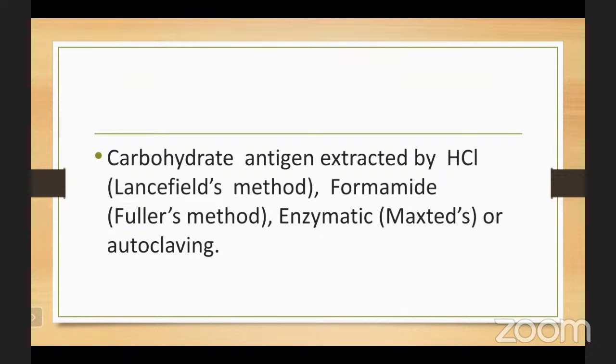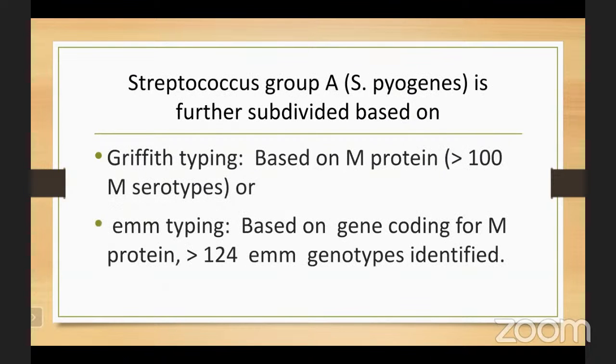It is known as Lancefield's method, Fuller's formamide method, Maxted's enzymatic method, or autoclaving. Next one is Streptococcus group A. Streptococcus pyogenes is further subdivided based on Griffith typing and M typing. In Griffith typing, it is based on M protein. In M typing, it is based on gene coding.